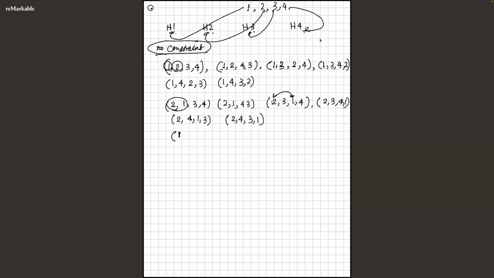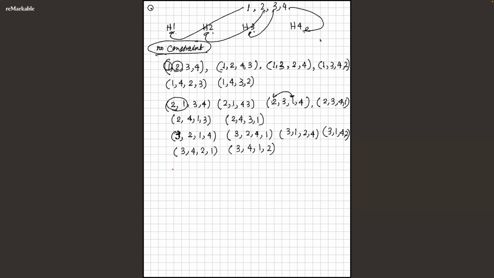Then 3, 2, 1, 4, right? 3, 2, 4, 1, then 3, 1, 2, 4, then 3, 1, 4, 2, then 3, 4, 2, 1, and 3, 4, 1, 2.